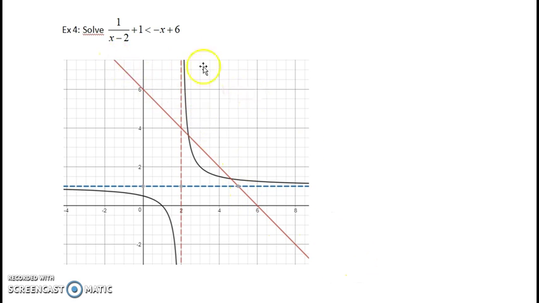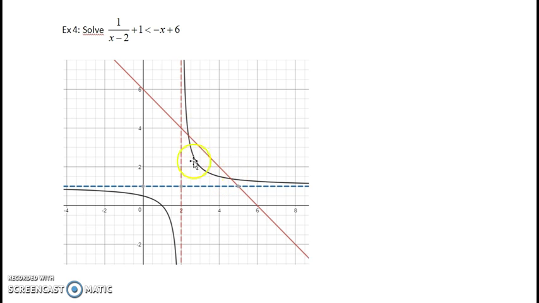Looks like that. And if I go across the domain from left to right, all the places where this function is below this function, what happens is this entire branch, it's going to be from negative infinity until the asymptote excluded. And it's also, the rational function is below the linear function from this point to this point.